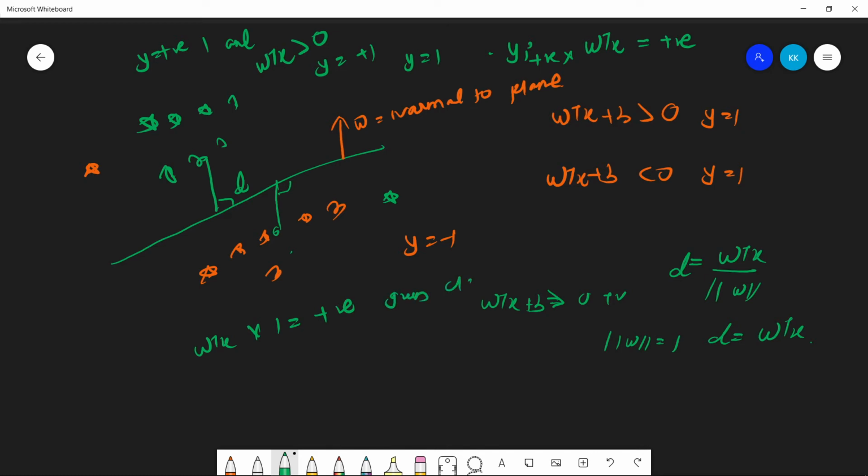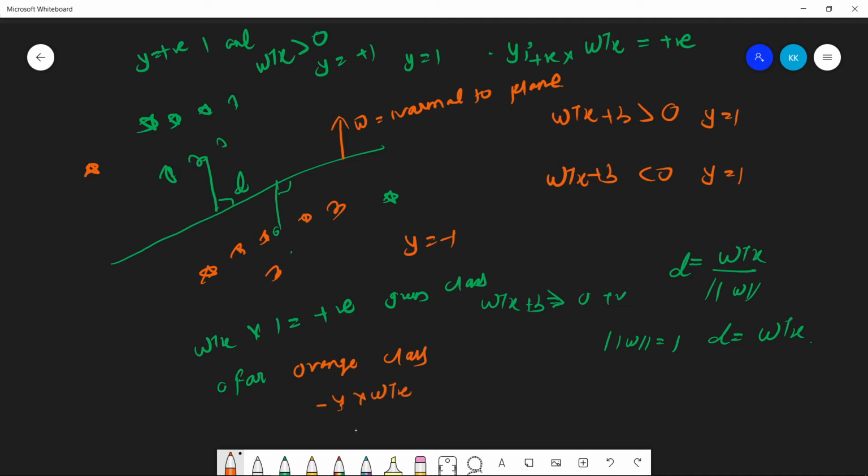And similarly for my orange class, which is negative, my y value is always going to be negative. So for the orange class, minus y into omega transpose x.